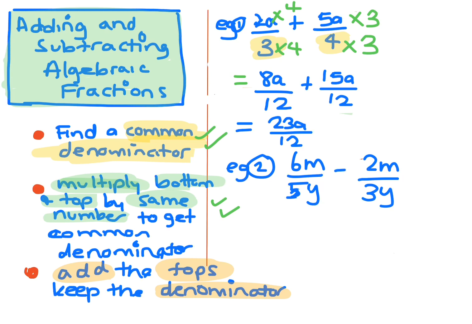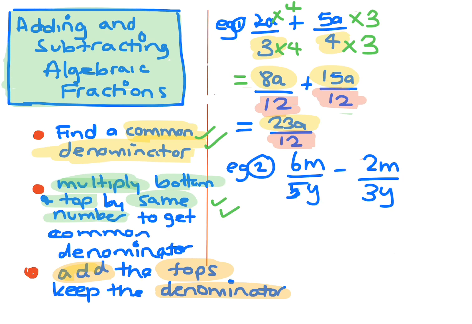And it will remain over the same denominator, because what I just did there, just making sure we're all clear, we add the tops, because it says here, add the tops and keep the same denominator. So I've kept the denominator 12, and I've added the top, the 8a plus the 15a is 23a.